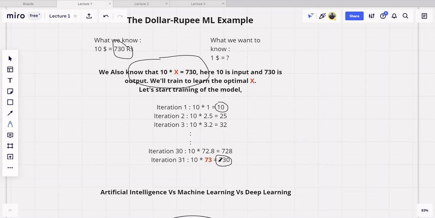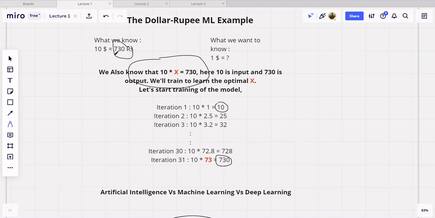So after 31 iterations, what we got is 10 multiplied by 73 is equal to 730, and it is the same value as the original value.